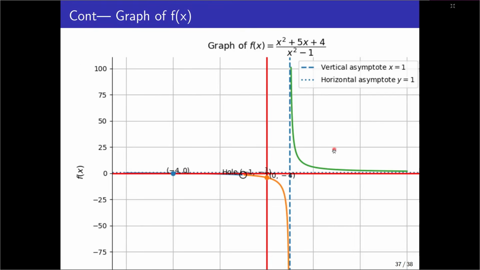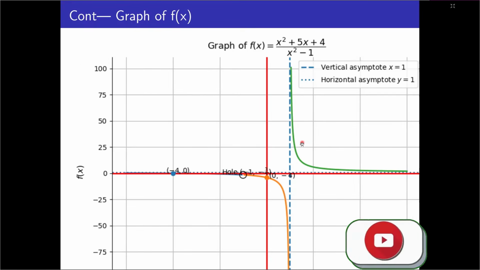Similarly, on this side, when x approaches positive infinity, the graph approaches the horizontal asymptote, y is equal to 1, from above. So that is the property of the graph of the given function to the right of the vertical asymptote.